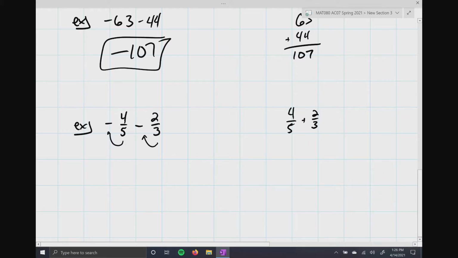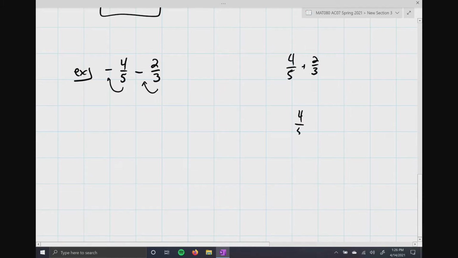All right. Now I know for us, we've got to add fractions, which means we need a common denominator. So let's build some equivalent fractions real quick. Hopefully you remember how to do this. To find the LCD, you just write the prime factorizations of 5 and 3, and then you multiply them. Well, they're both prime, so 5 times 3 is 15. This one I'm going to multiply by 3 over 3. That gives me 12 over 15.